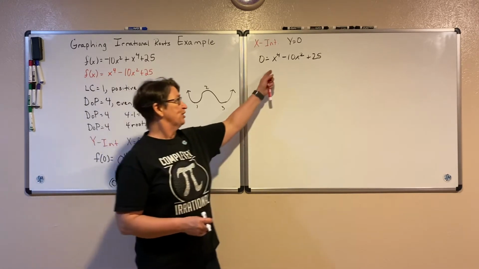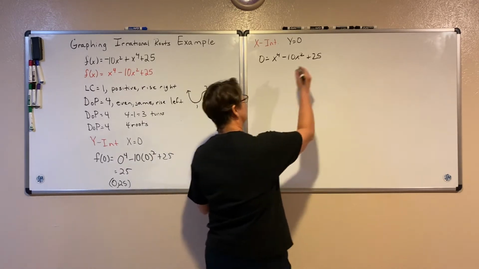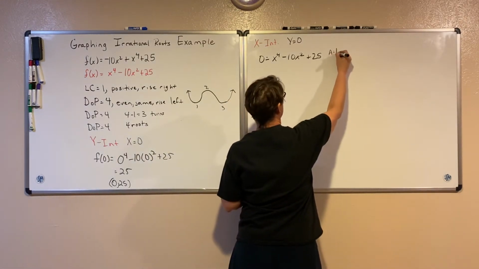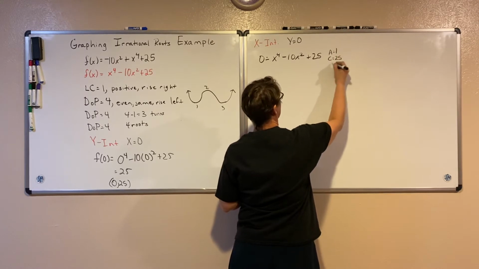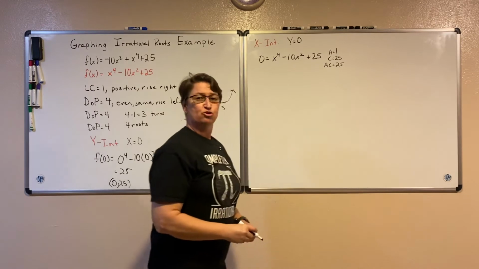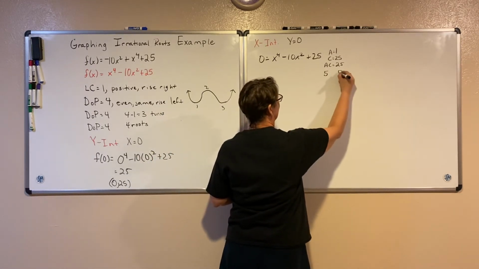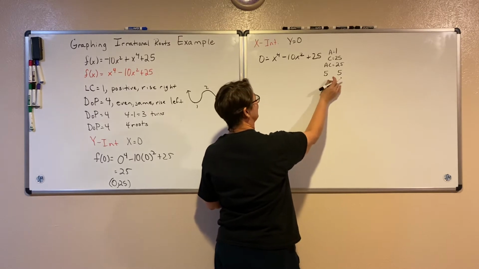So here I have 3 terms. I'm going to use my AC method to help me factor it. My A here is 1, my C is 25, so I'm looking for factors of 25 that add to 10, and if we look at 5 times 5, that adds to 10.